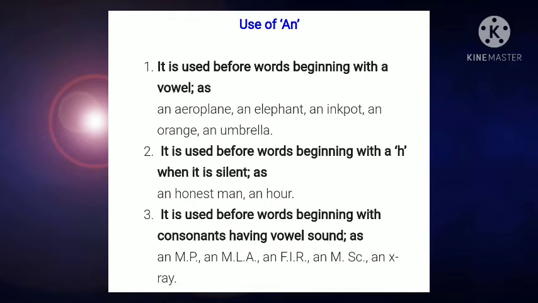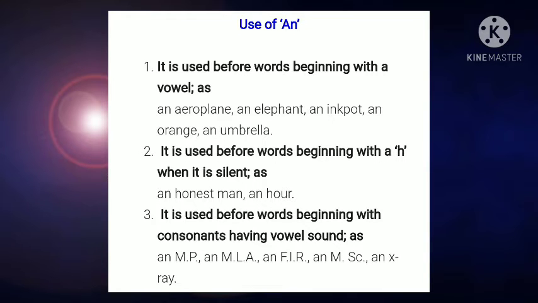The letter begins with H but the H sound is not heard, so we use an with an O sound.